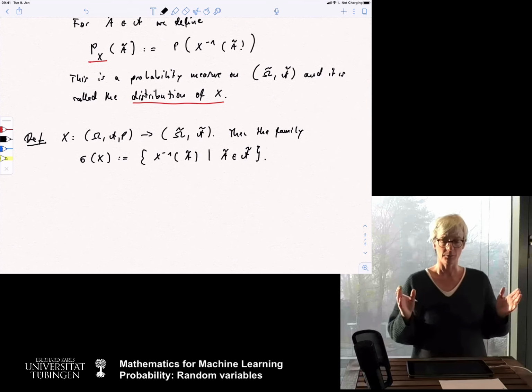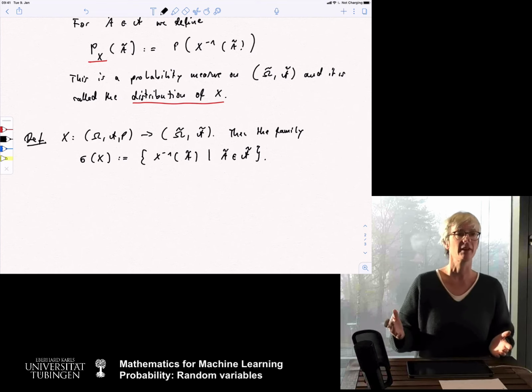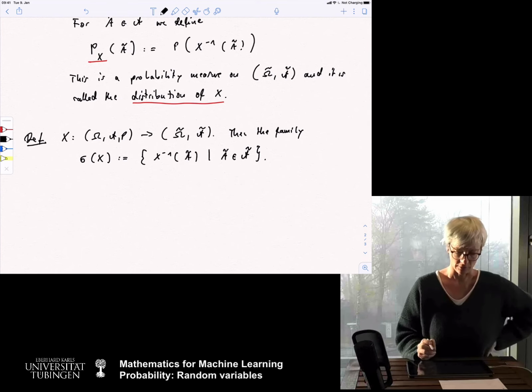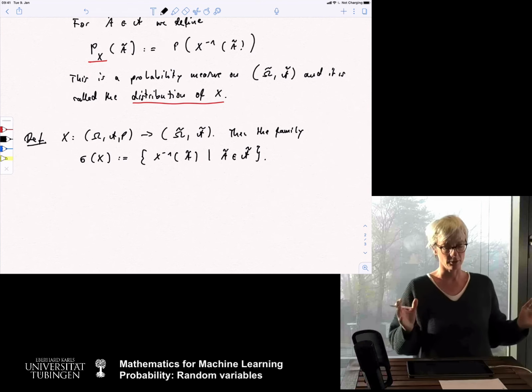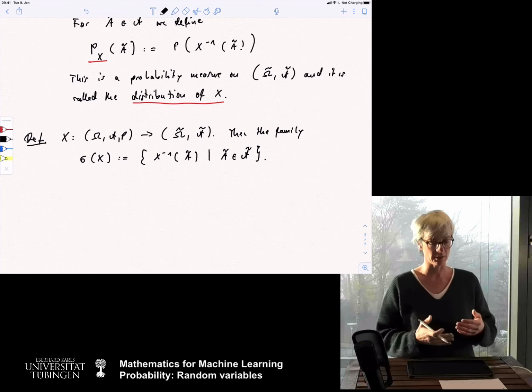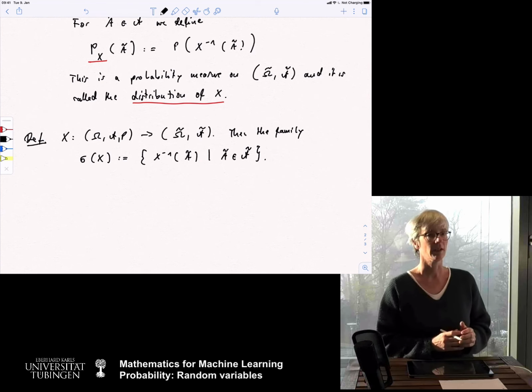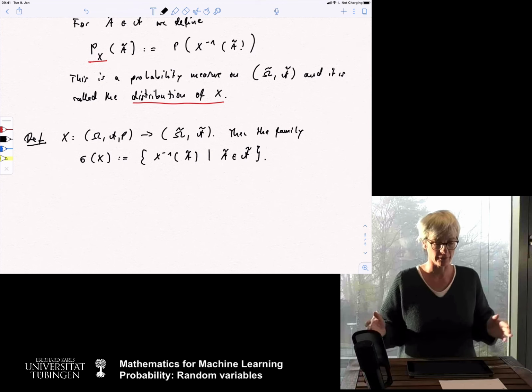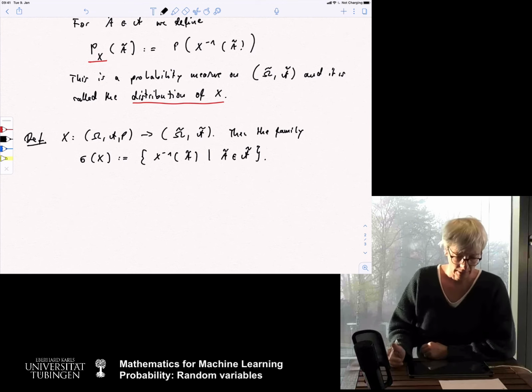So this is the minimal set that we need to have to make this measurable. It wouldn't help for the question of whether X is a random variable or not to add more sets to the sigma algebra in the original space. It doesn't help, it doesn't hurt, it doesn't make any difference in terms of this random variable.